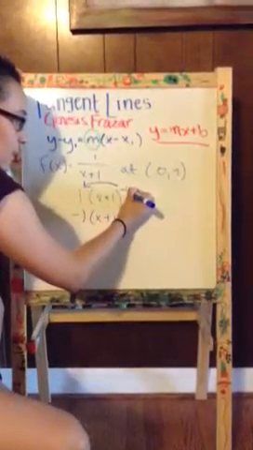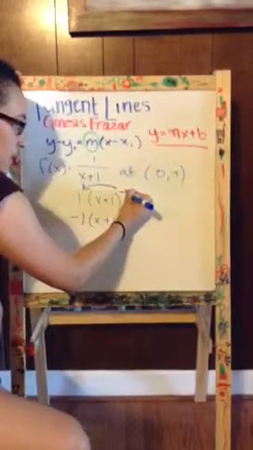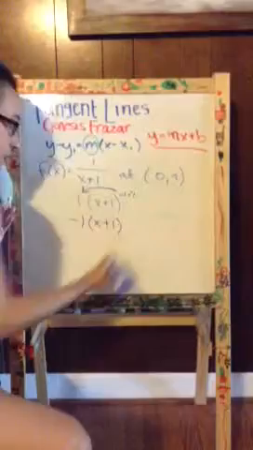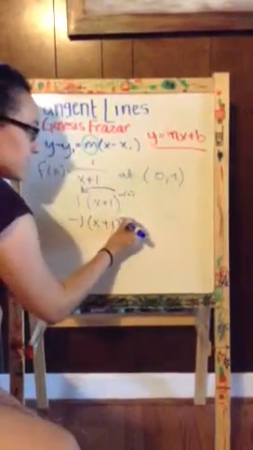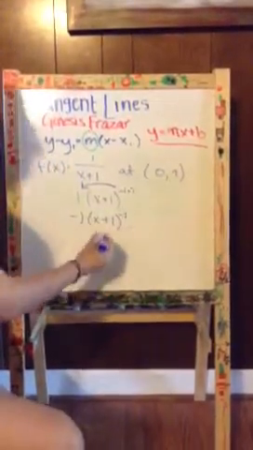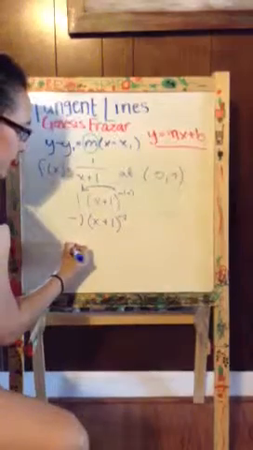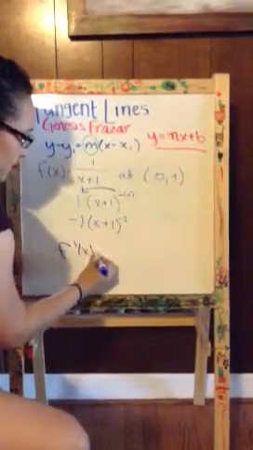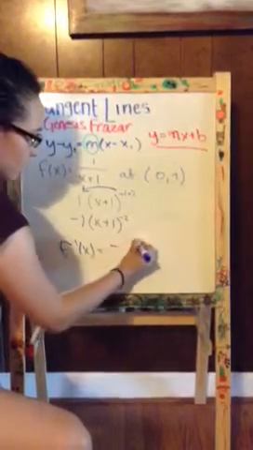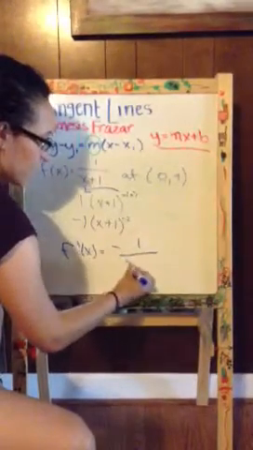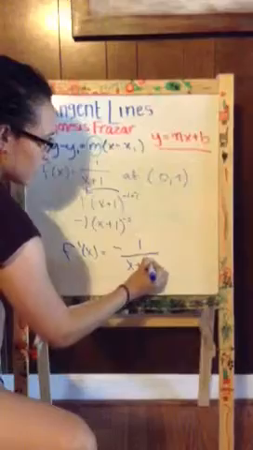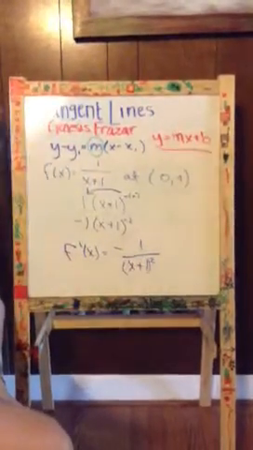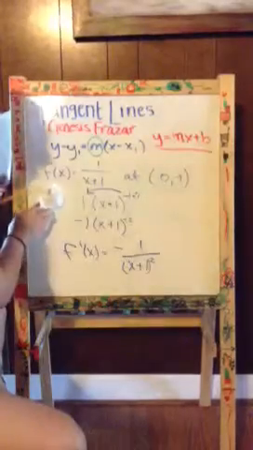And then you will subtract 1 from the exponent to find the derivative, and that will give you negative 2. Then, to make it easier, you will make this, the f prime of x, into negative 1 over x plus 1 squared. And that is how you get the first derivative of this problem.